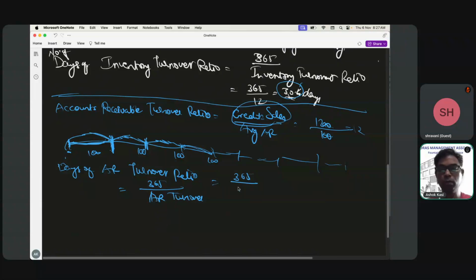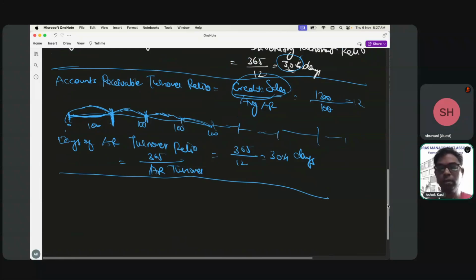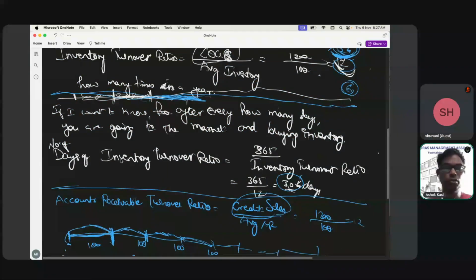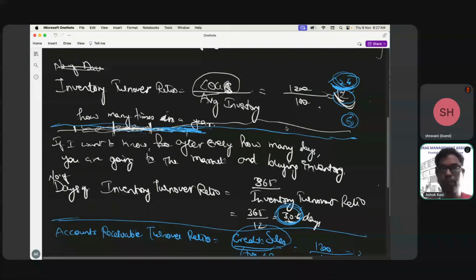Accounts receivable turnover is 12, so that comes to 30.4 days. That means after every 30 days, people are coming and paying. Here after every 30 days you are going to the market and getting inventory, 12 times in a year.